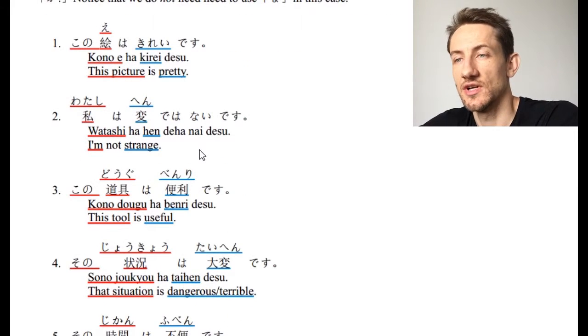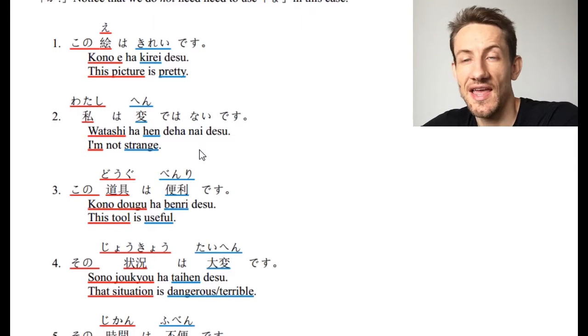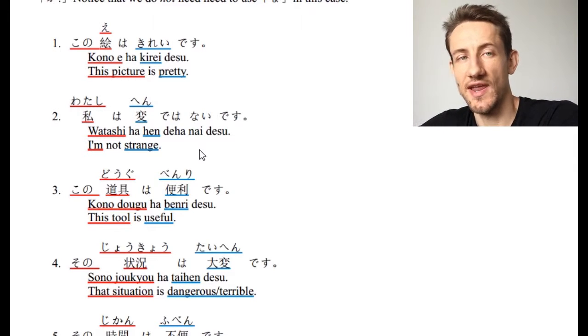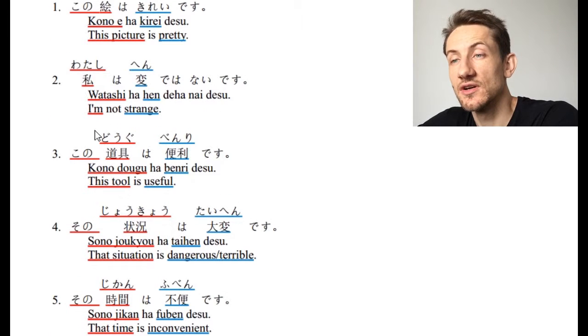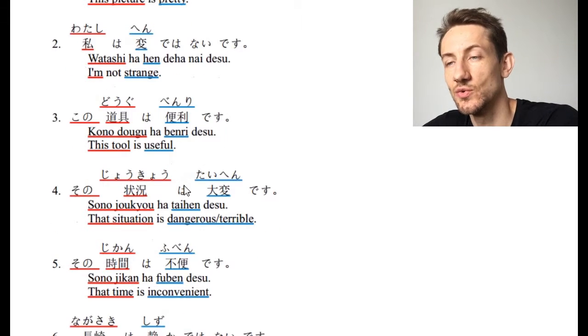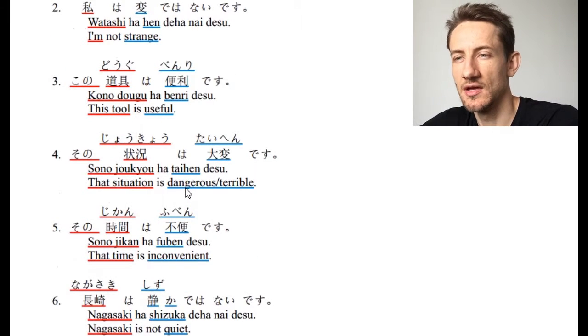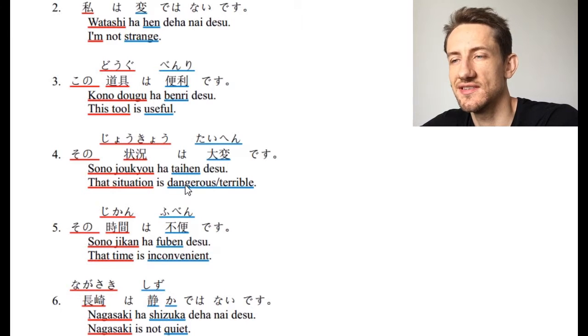Number two, 私は変ではないです。I am not strange. Number three, この道具は便利です。This tool is useful. Number four, その状況は大変です。That situation is terrible.